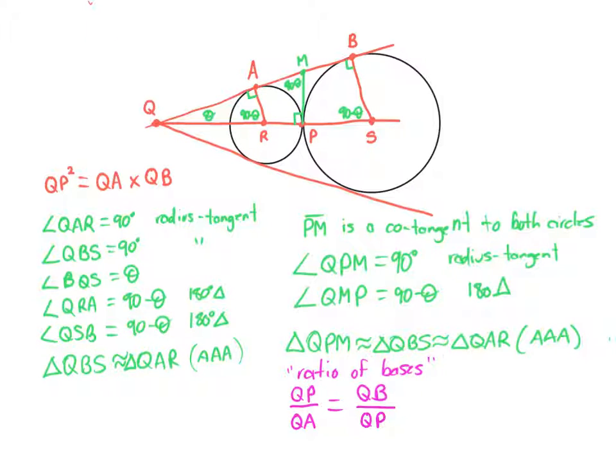Then if we multiply that out, or cross multiply, we get QP squared equals QA times QB.